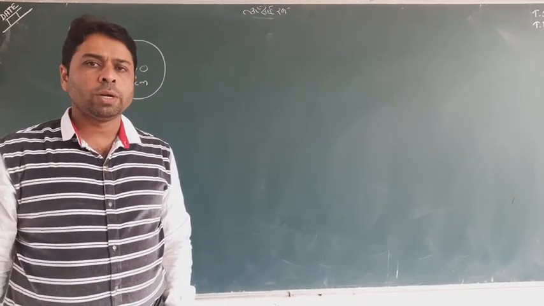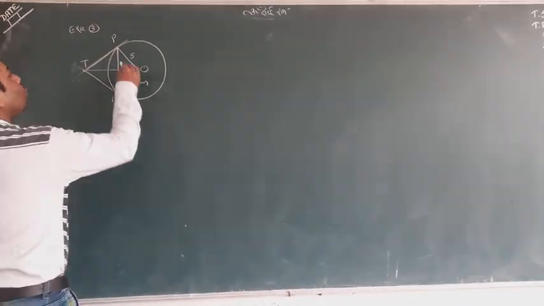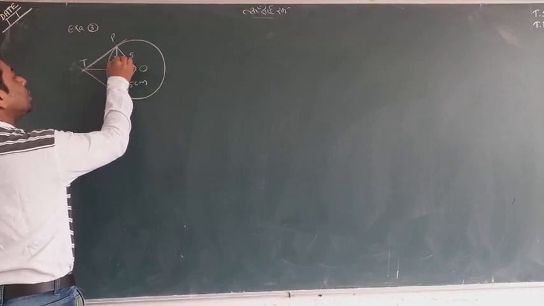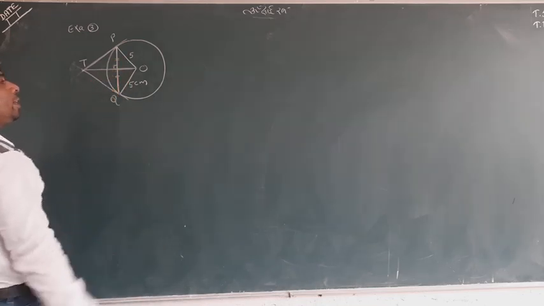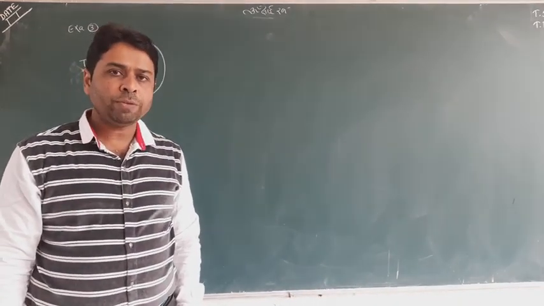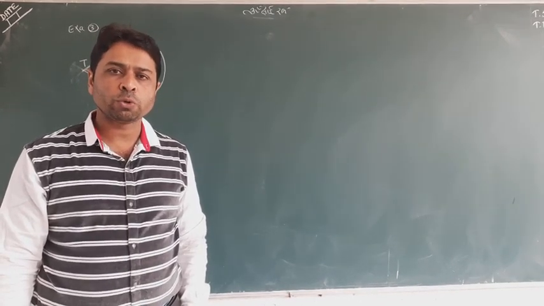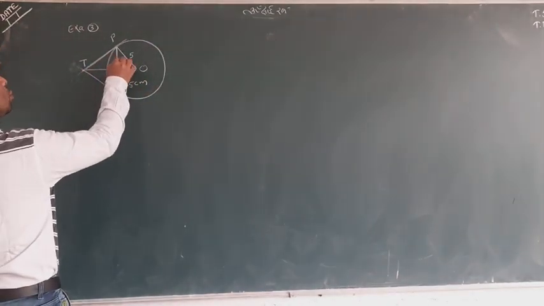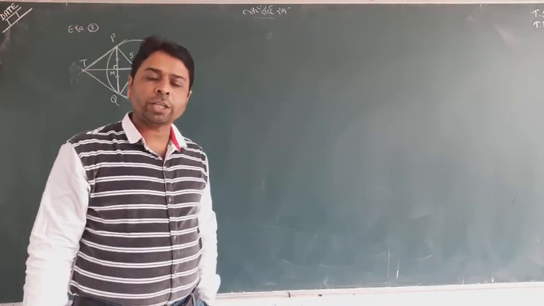If we do it with the whole method, the line joining O to T divides this chord into equal parts, and it is also 90 degrees. This thing which I recently told you, actually we have to show in the question, but the question was so long. So we directly consider that, suppose this is M, these two are equal in length and this is perpendicular in this case. So we will directly take it.